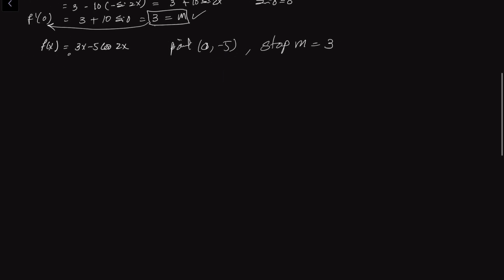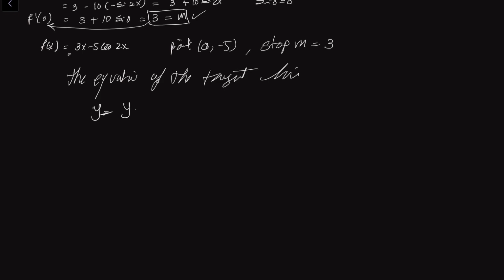Okay? Now, what is the equation of the tangent line? We have to first get the equation of the tangent line, and then we're gonna change the slope from the tangent slope to the normal slope. Okay, so the equation of the tangent line: y minus y0 is equal to the slope times x minus x0.